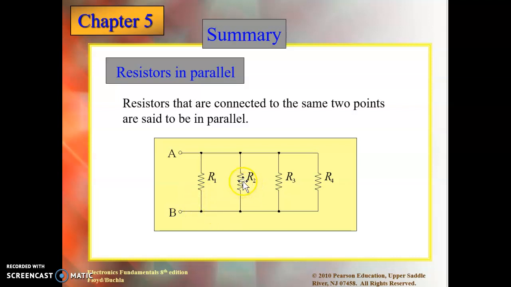So is the case for R2, R3, and R4. These 4 resistors are in parallel because their terminals are connected to the same nodes. So if they are connected to each other at more than one terminal, they are considered to be in parallel.